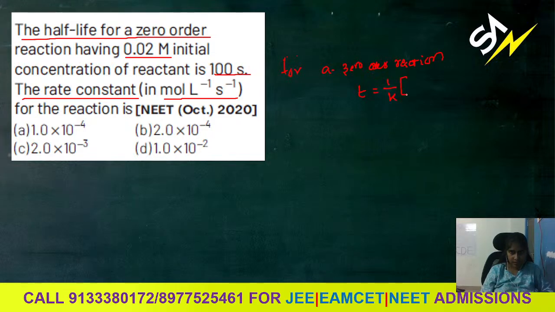T is equal to 1 by K of A naught minus A, the final concentration by initial concentration. It is given the half-life of a zero order reaction, that is T half, is given as 100 seconds.